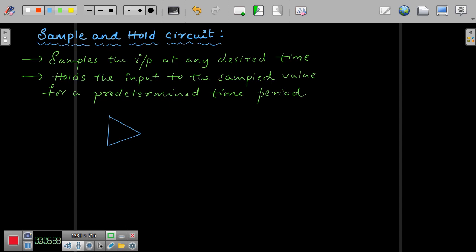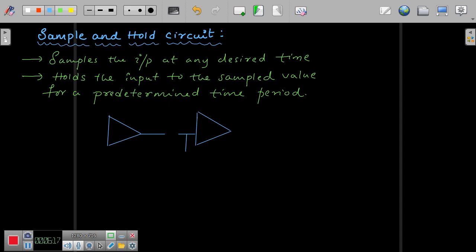So this is one, and from this the input is being connected to one more operational amplifier. Of course, both the operational amplifiers here are acting as voltage follower circuits.